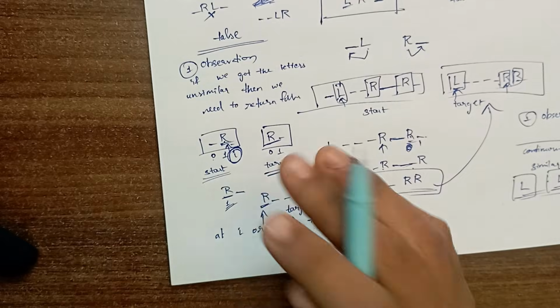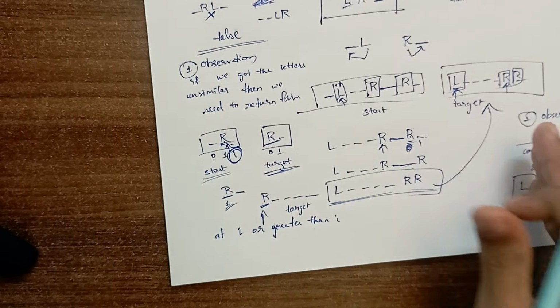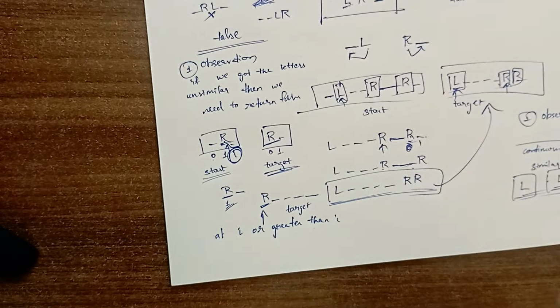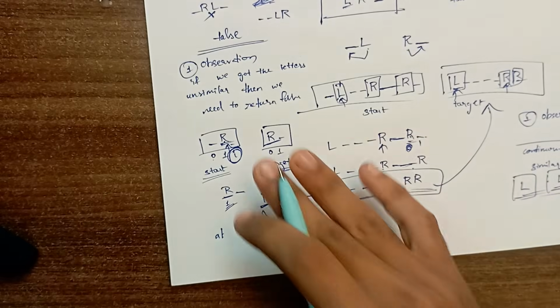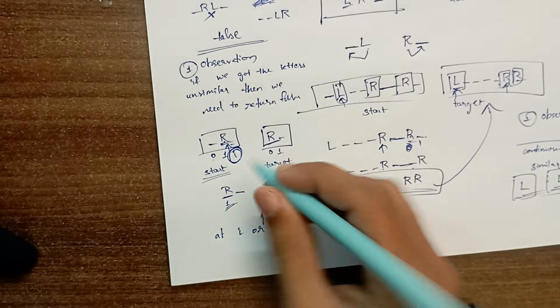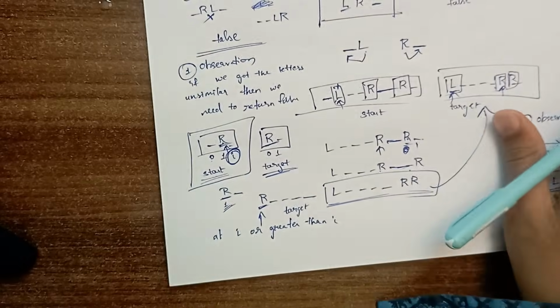The thing is, R can be moved only to the right, so the target should be at the position or after the position of R in start.